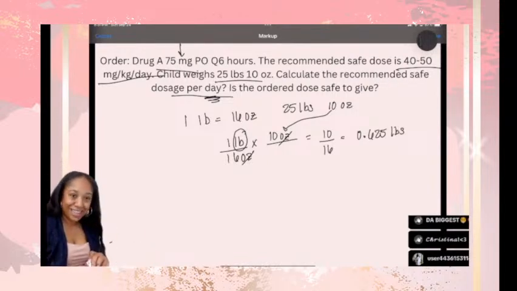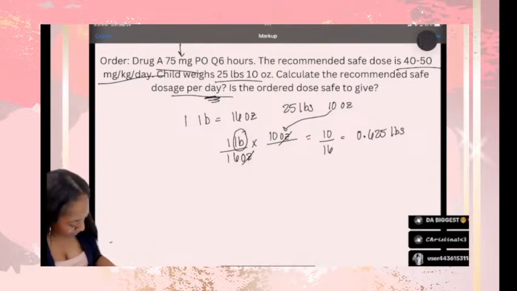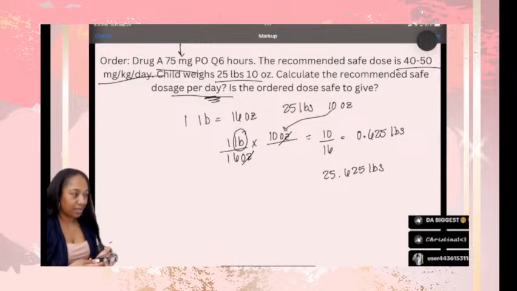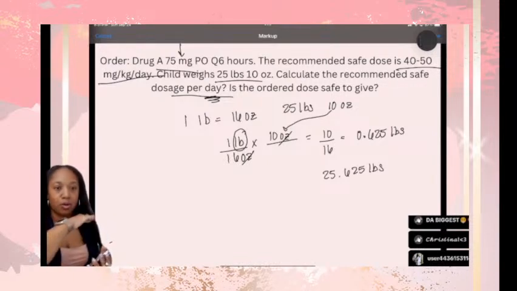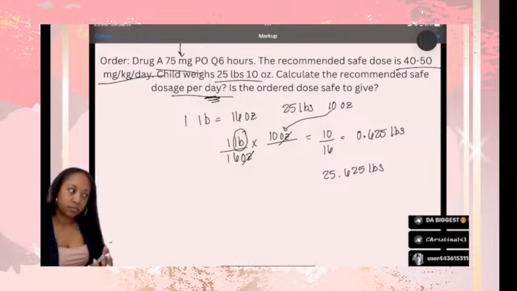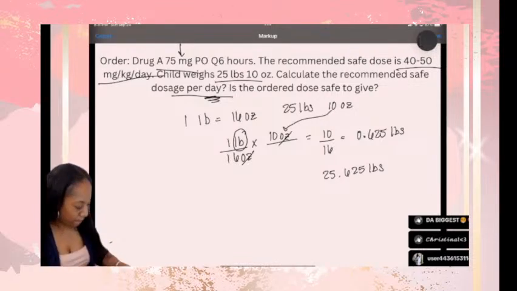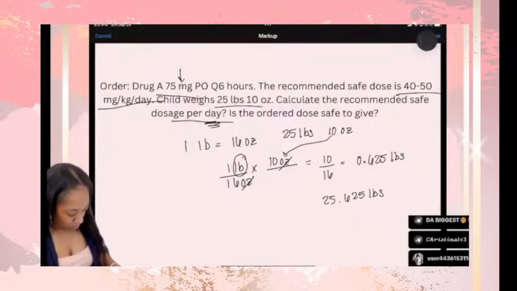So then once you got that part, you add it back to the 25, and then that's how we got our weight. And then if you needed to divide by 2.2 to get kilograms, now you can divide it because you got your whole weight in pounds and not pounds and ounces. Okay? Alrighty.